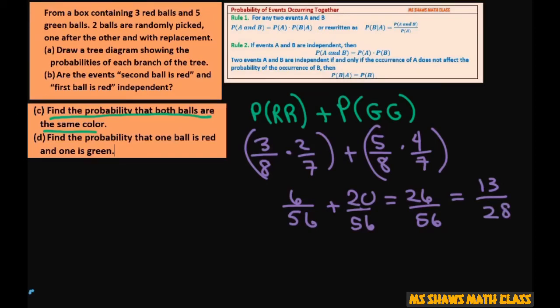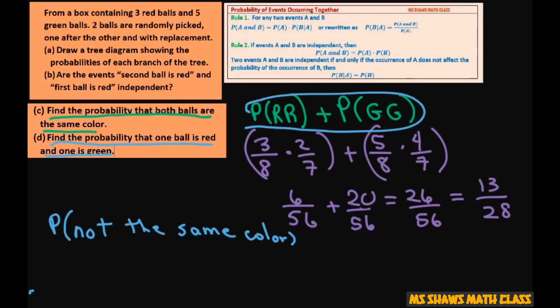Now, find the probability that one of the balls is red and one is green. So basically we're doing the probability that they're not the same color. So we already did the probability that they are the same color.